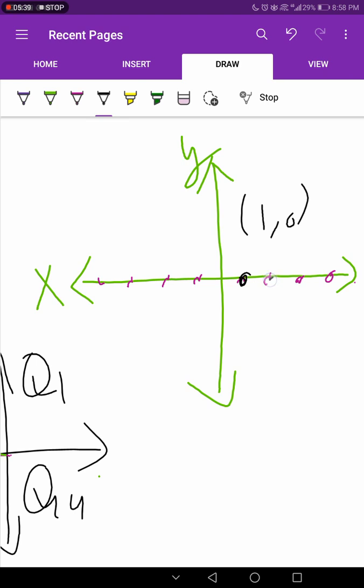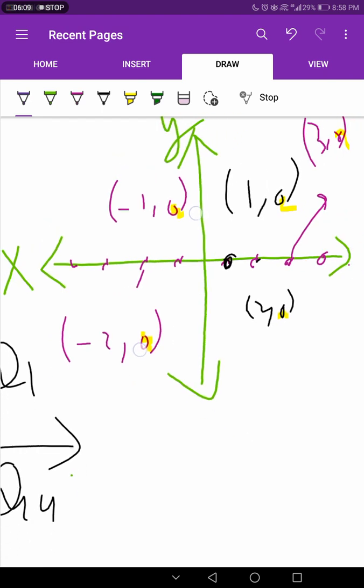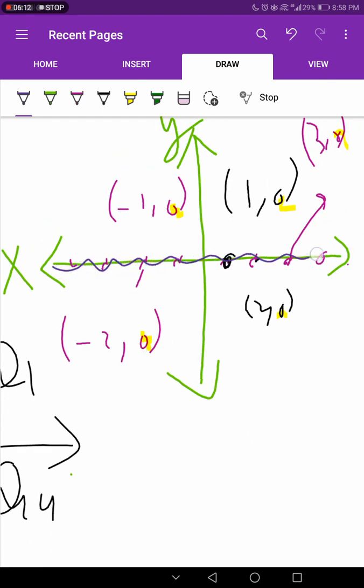Okay, this one 2 and 0. This one 3 and 0. Good. Here -1 and 0. Here -2 and 0. So you noted here the Y coordinate all of the time is 0. So when the point is located on the X axis, all of the time the Y coordinate must be 0.